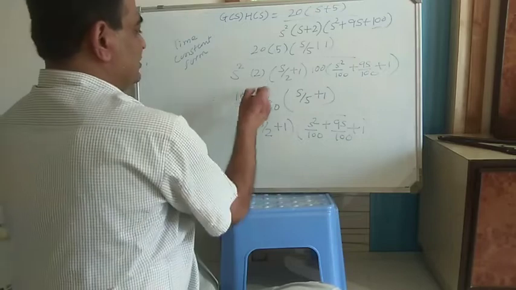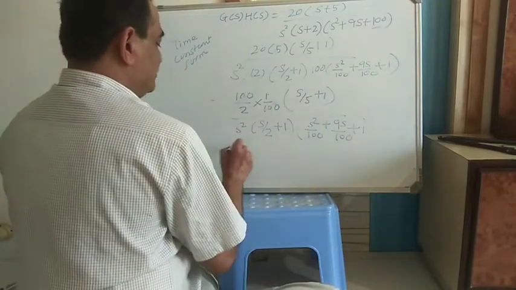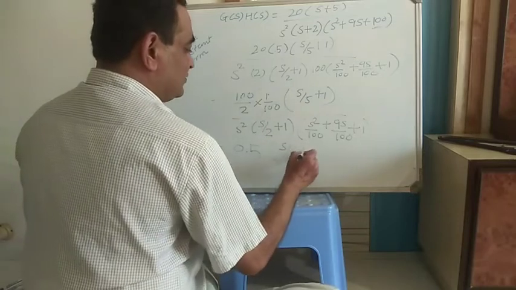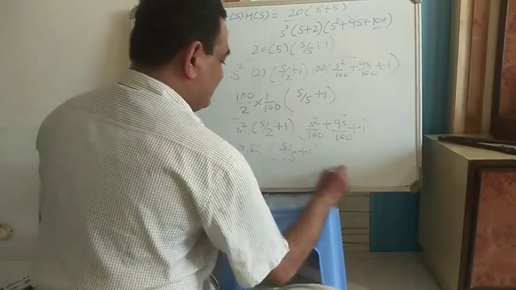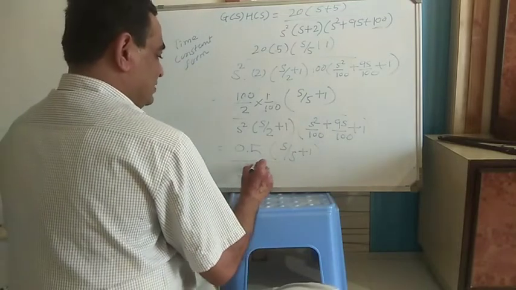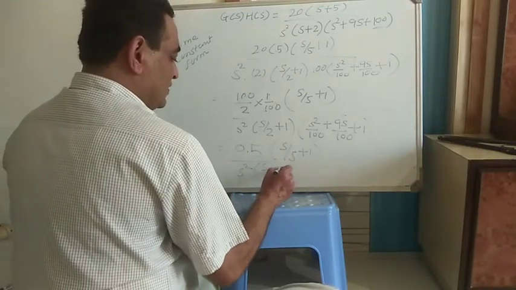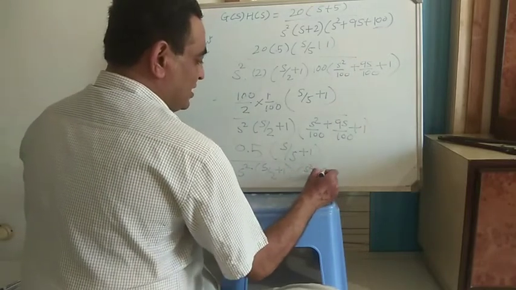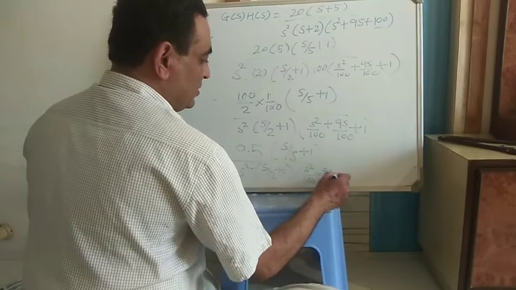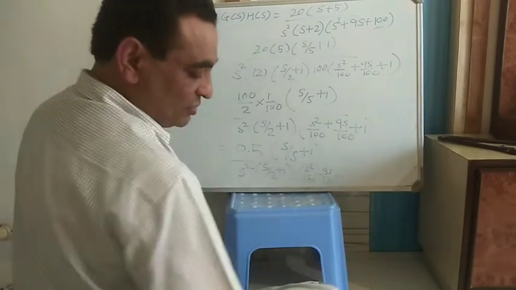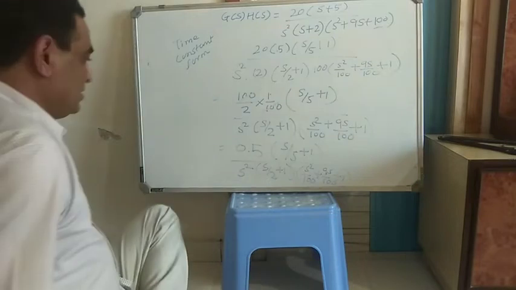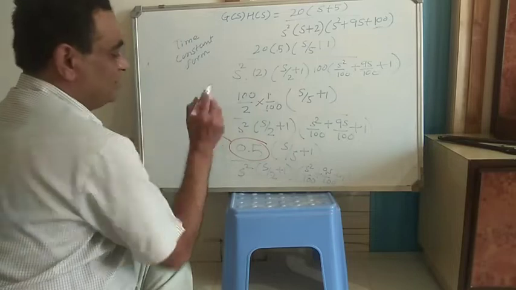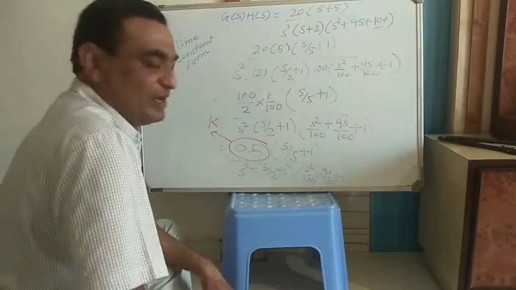So this gets cancelled, 1 by 2, so this is 0.5 into (s by 5 plus 1) divided by s square (s by 2 plus 1) (s square by 100 plus 9s by 100 plus 1). So this is your steady state gain K. 0.5 is the steady state gain K.